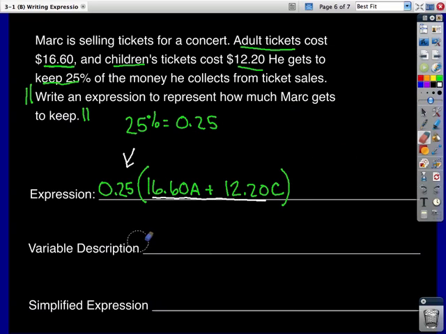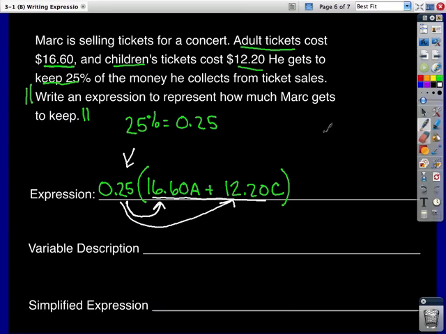Okay, I already talked about what the variables represented, and I'm not going to take the time to write them down. A was the amount of adult tickets sold, and C was the amount of children's tickets sold. But to simplify this expression, I'm not actually going to do that for you. I would love to see this done on your notes when I'm looking at your sheet. What I would do is distribute this 25 hundredths to this number here and to this number here.